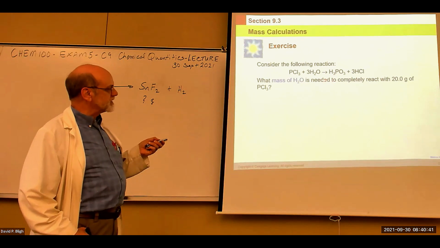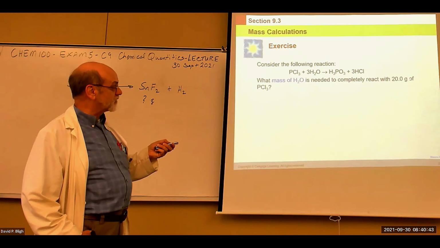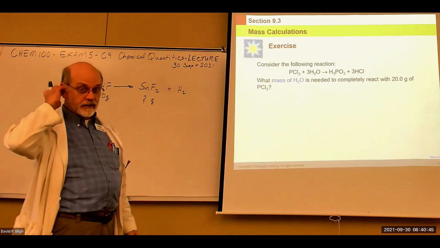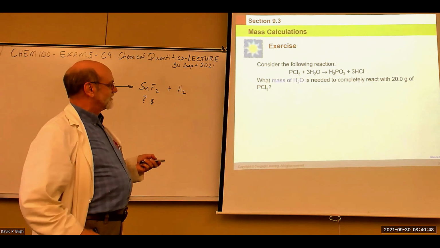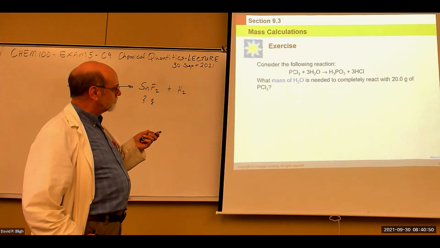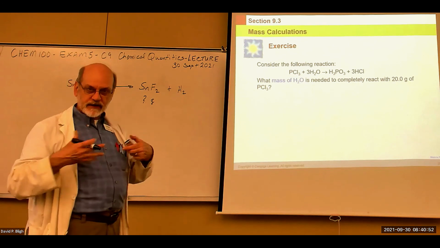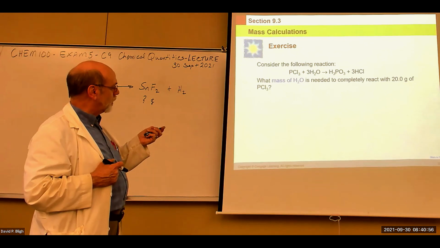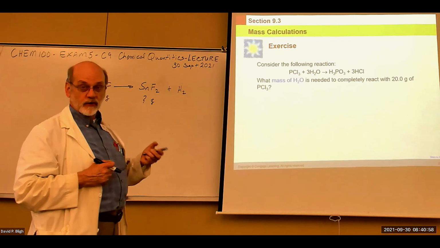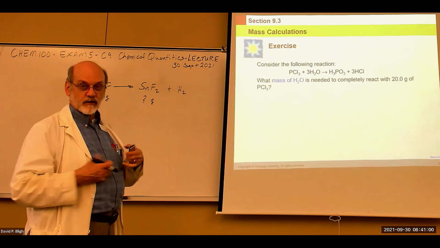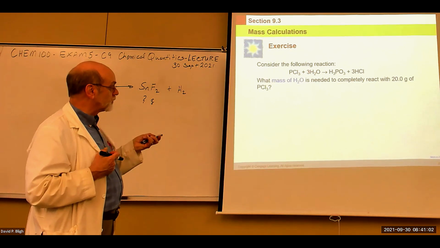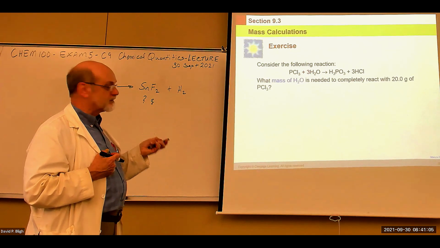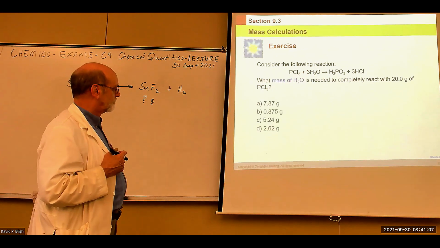What mass of water is needed to completely react with 20 grams of PCl3? Okay, if we have 20 grams here, we need to convert PCl3 into moles. Then the ratio here is 1 mole of this for every 3 moles of water. Then we find moles of water and convert it back to mass. Right?